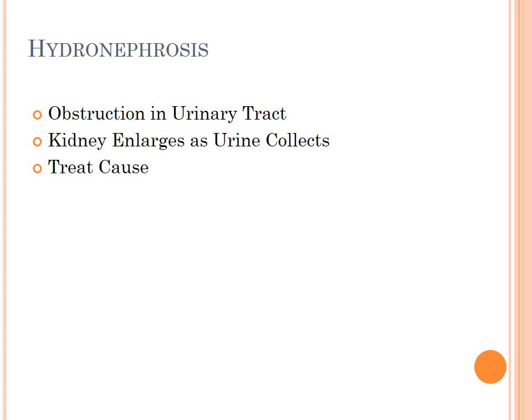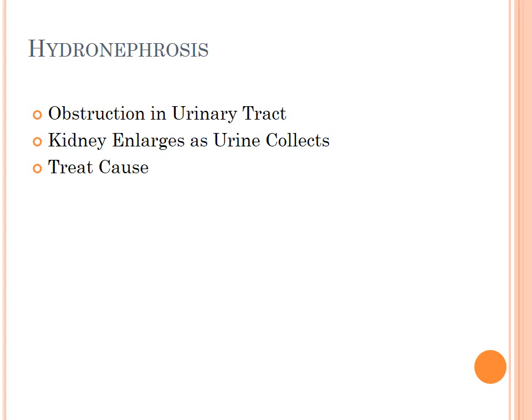Hydronephrosis is when there's an obstruction in the urinary tract and urine refluxes back, and you have enlargement of the renal pelvis. So it could happen pretty quickly, but is treatable. So you have to treat the cause. If it's a stone, remove the stone. If it's a stricture, correct the stricture.